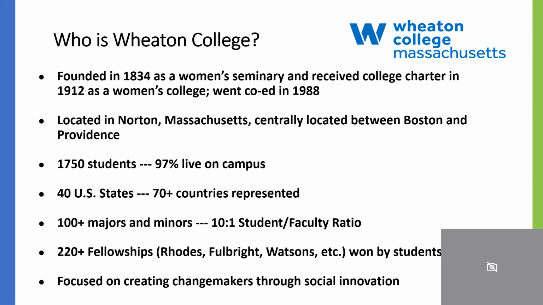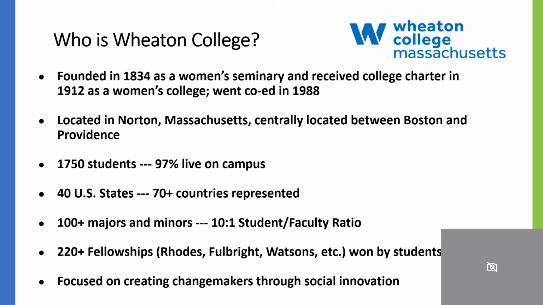First and foremost, I'll do a quick overview of who we are. Located in Norton, Massachusetts, centrally between Boston and Providence, we are focused on educating our students to become change makers for social impact and social innovation. That's something we've done since our founding in 1834 as a women's seminary, then becoming a college in the early 1900s and going co-ed in 1988.